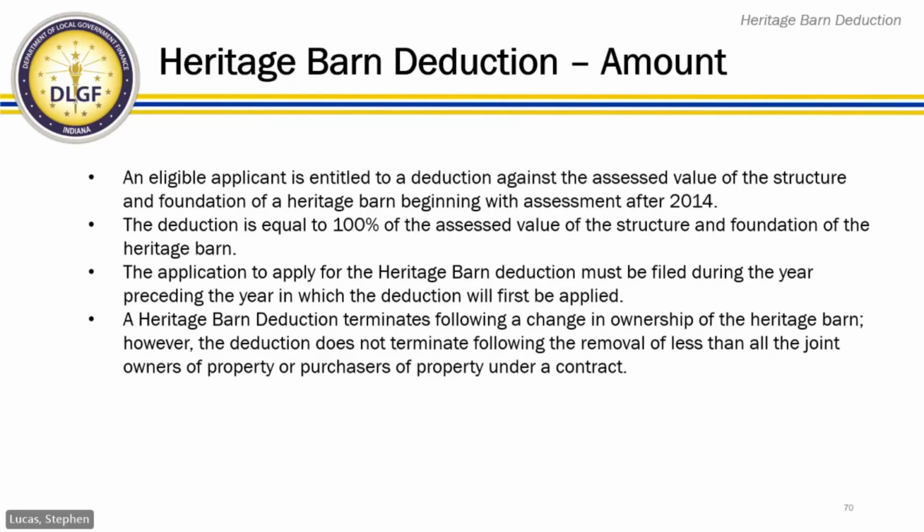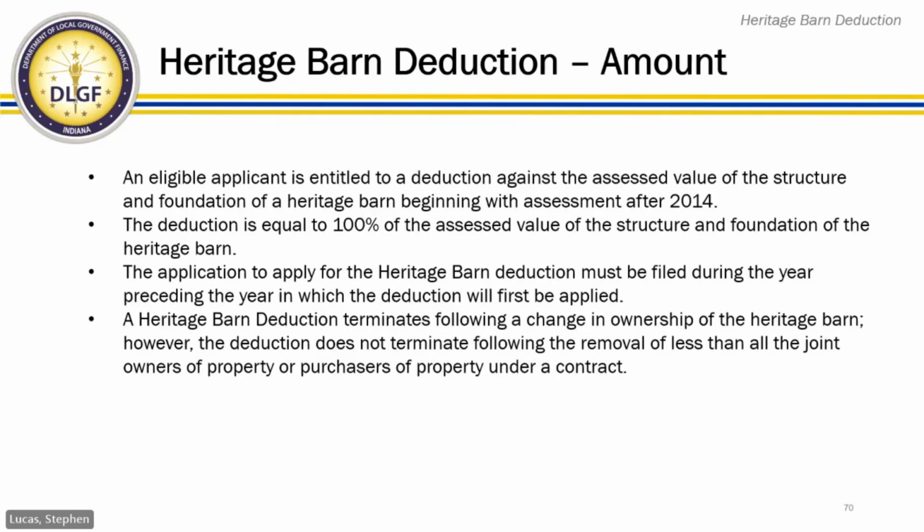Now, for applying, this application must be filed before the year in which the deduction will be applied. Now, this is different than the other deductions, which by law can be filed up to January 15 of the year the taxes are due. So like with the homestead deduction, if somebody wants to file for the pay 26 taxes, they have to file like the HE10 by January 15 of 2026.